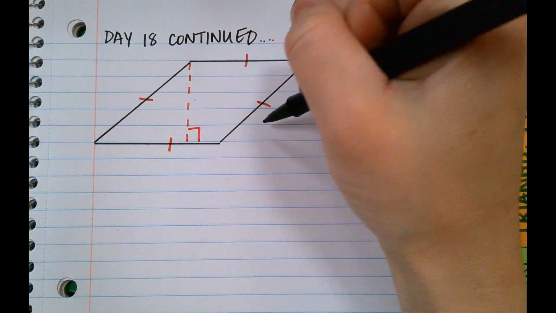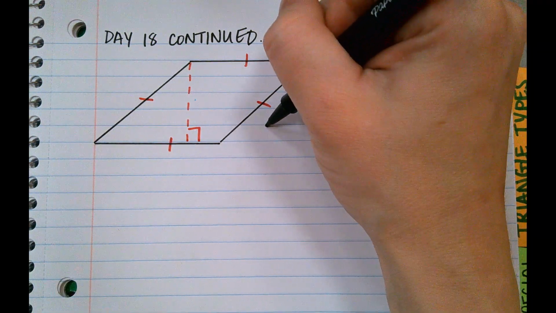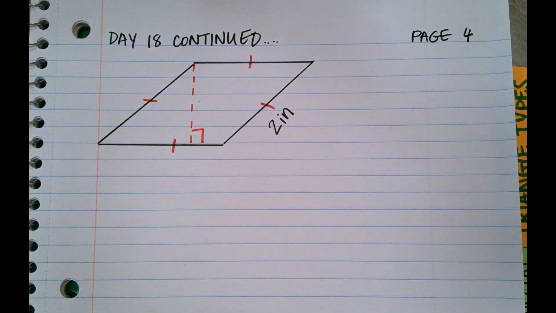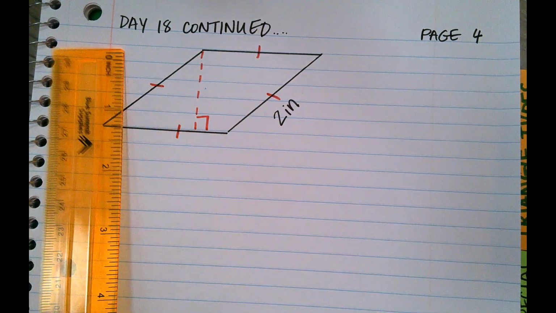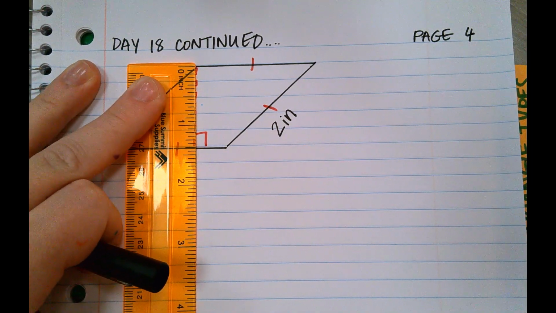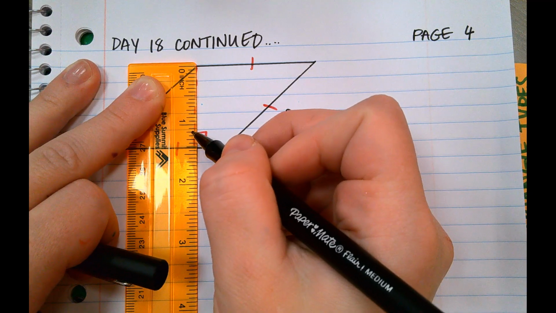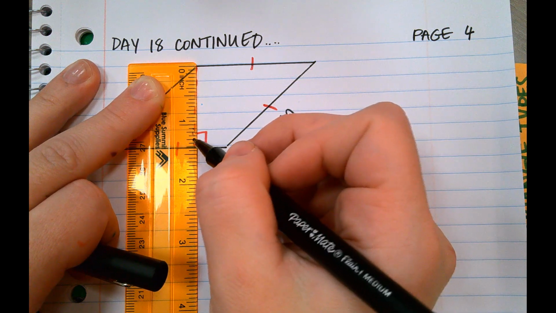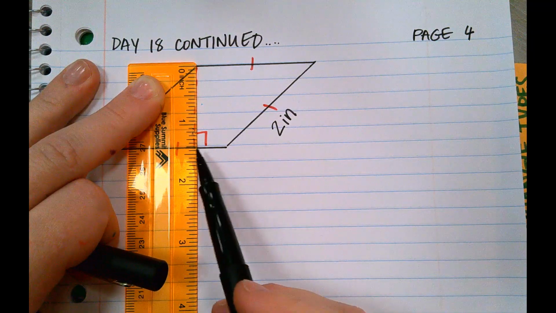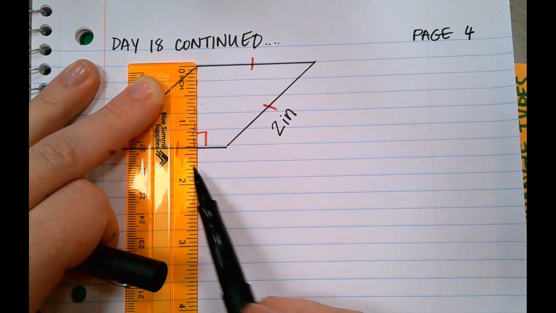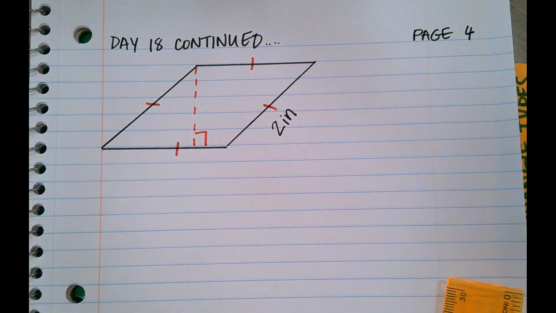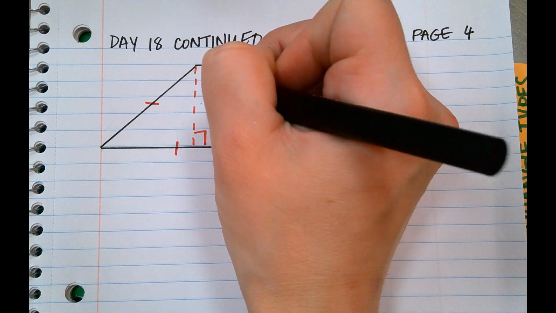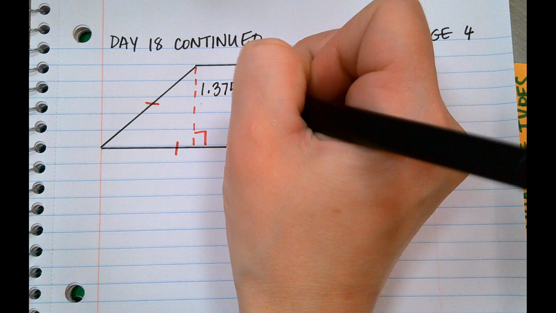This time, I'm going to give you my side length, so the actual measurement, let's go with 2 inches. And then our height is 1.375 inches.